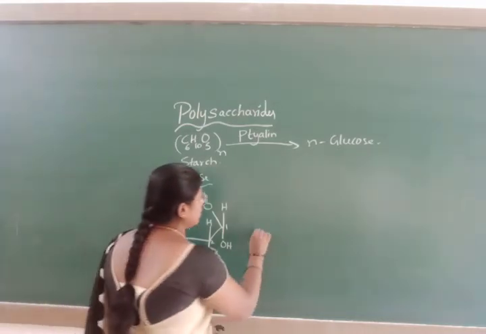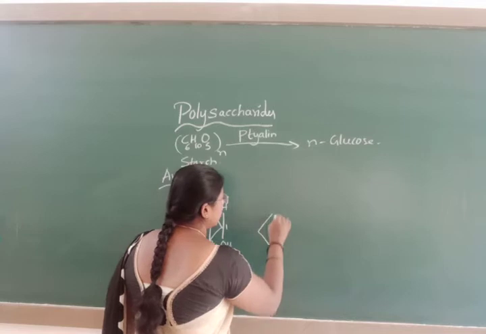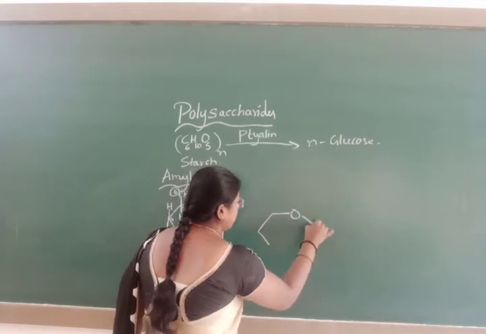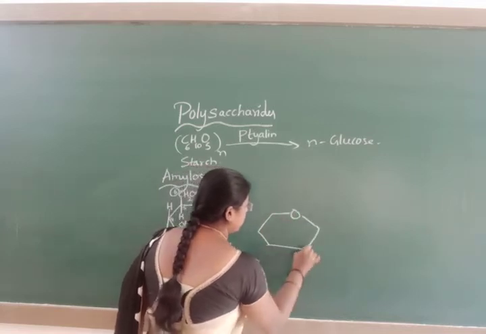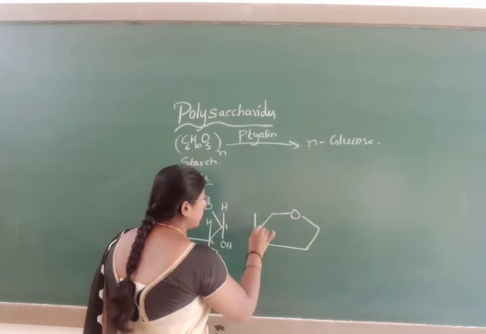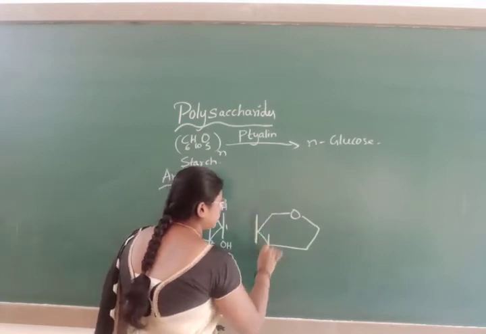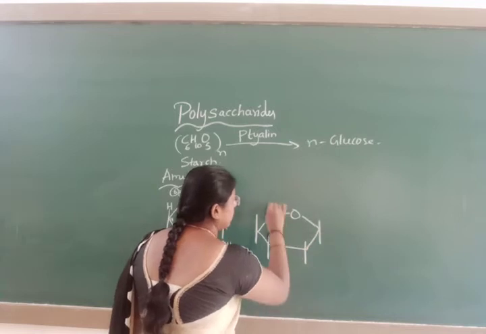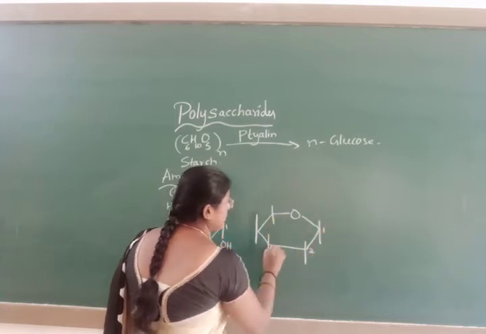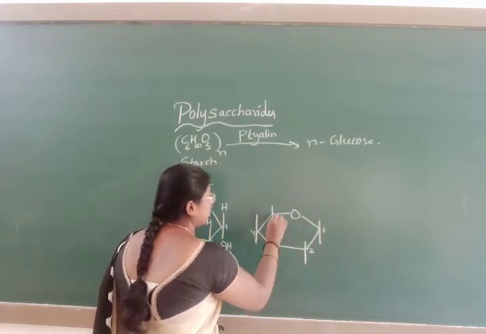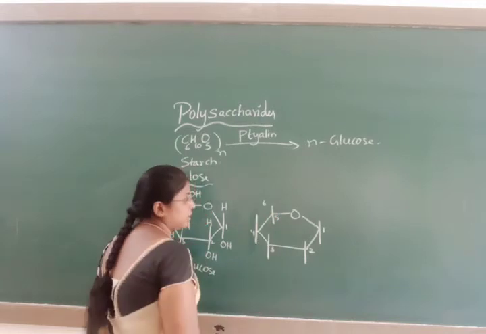If I write n number of alpha D plus glucose units, they are combined linearly. About 200 to 1000 alpha glucose units are joined together. This is the first carbon, second, third, fourth, fifth and sixth.